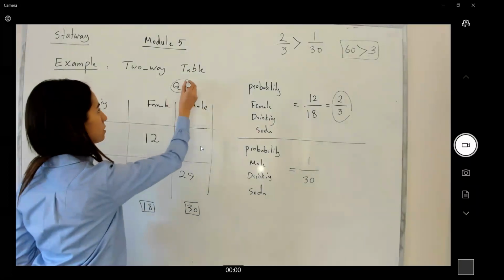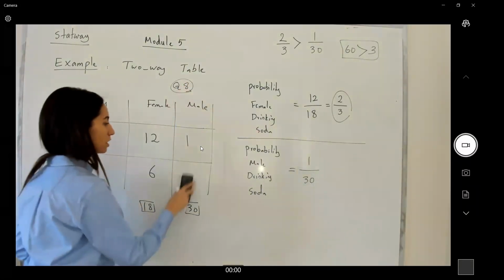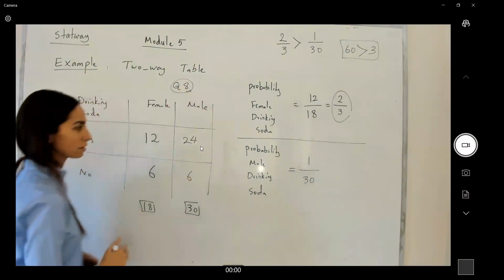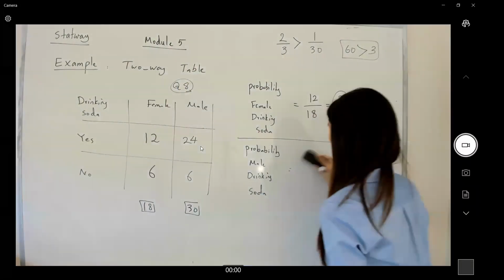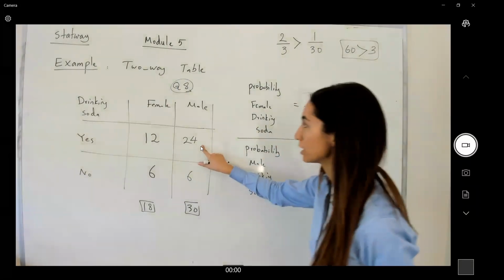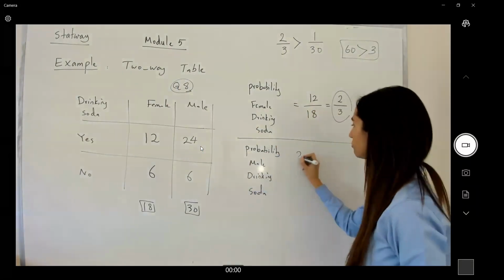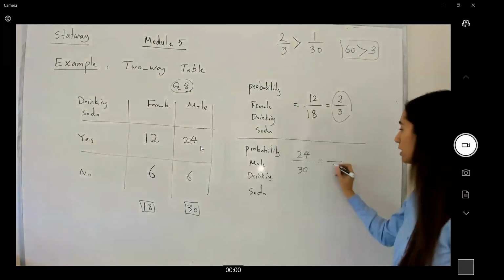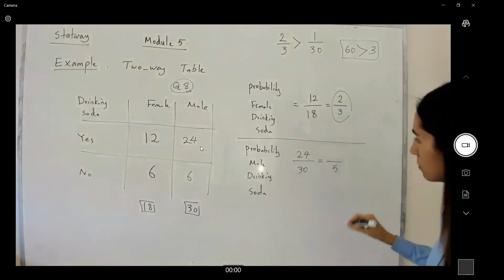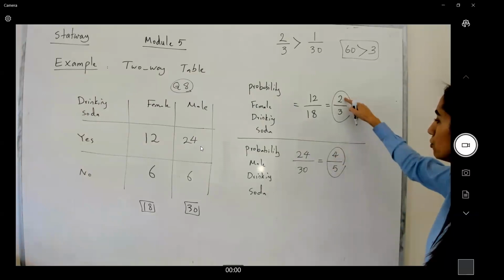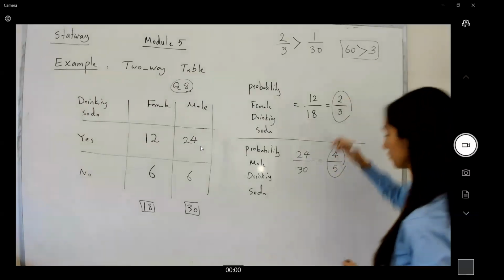For question 8, you can go back, this is just 24, and this is just 6. So we know that the probability of a male drinking soda is 24 out of 30. We simplified this to 4/5, and we already know that 2/3 is less than 4/5.